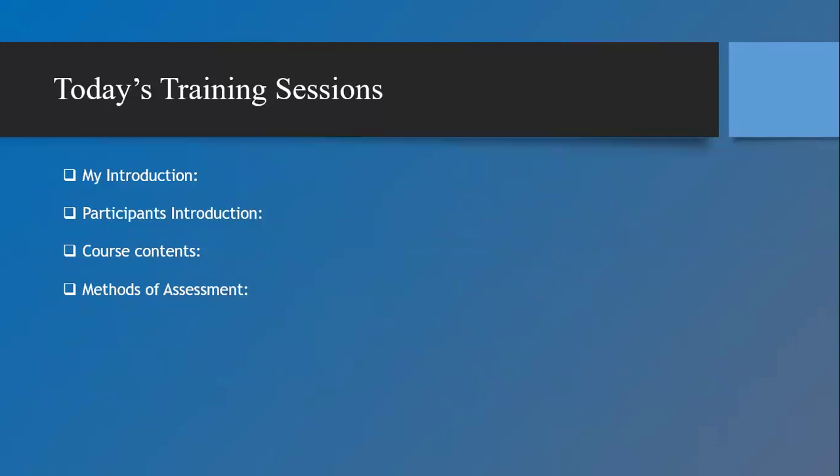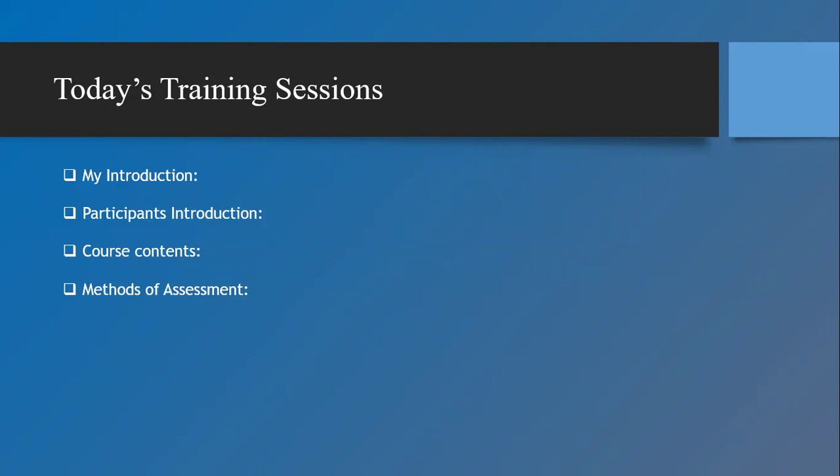I have decided that in order to check whether you are learning from this training or not, I have included a question and answer session at the end of the training, as well as I will also allocate a data set at the end of each week.